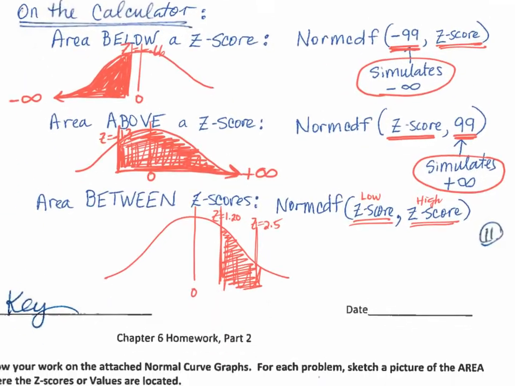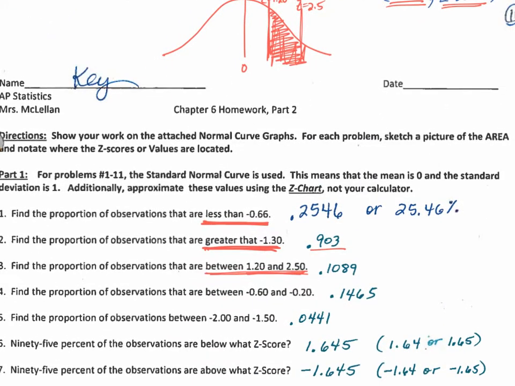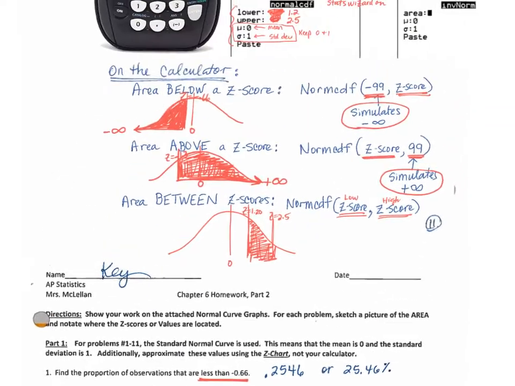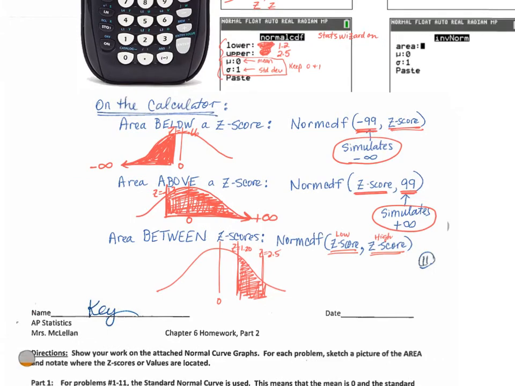When you get your answer, you come up with 10.89% or 0.1089.